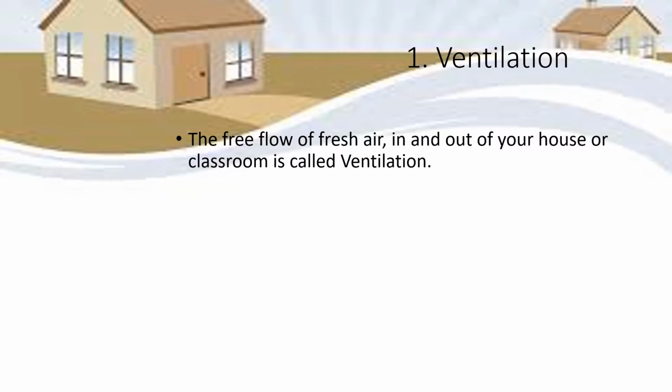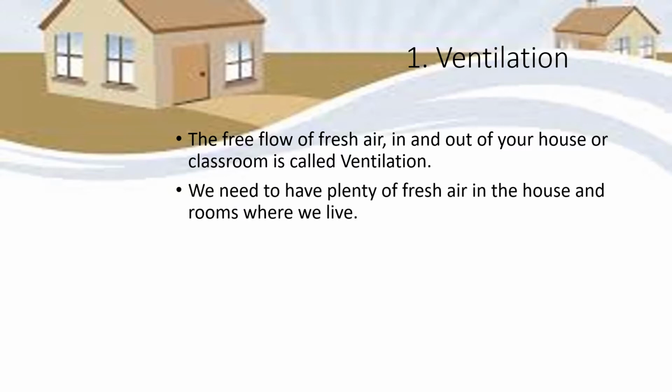The free flow of fresh air in and out of our house or classroom is called ventilation. So, when we are getting enough air inside and the outlet is also very good in our house, then only we can say that our house is an ideal one.